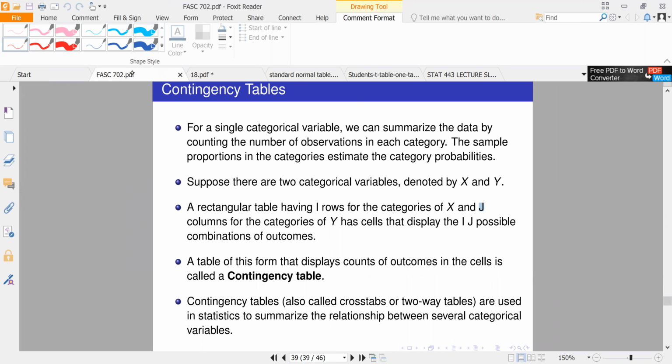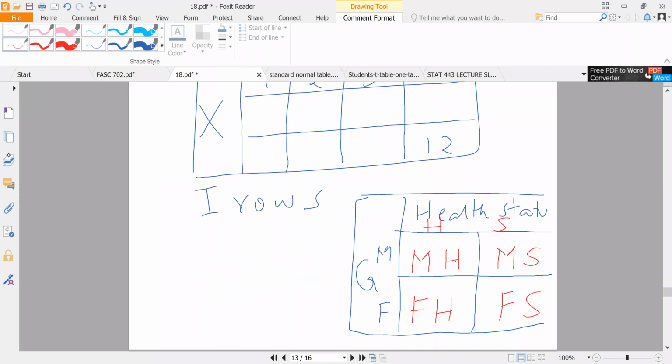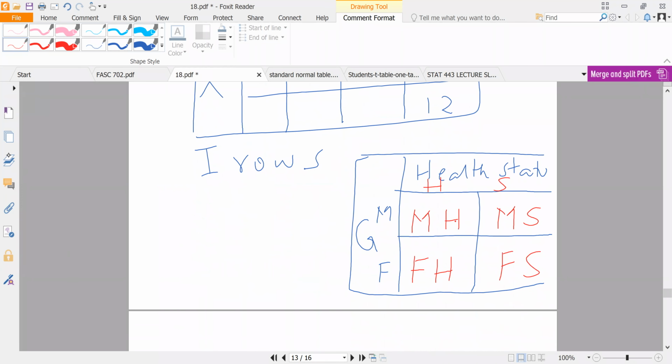Now, that means that once you are able to collect all the information from the units in your sample, you'll know the specific number of males who are healthy, the specific number of males who are sick, the specific number of females who are healthy, and the specific number of females who are sick.